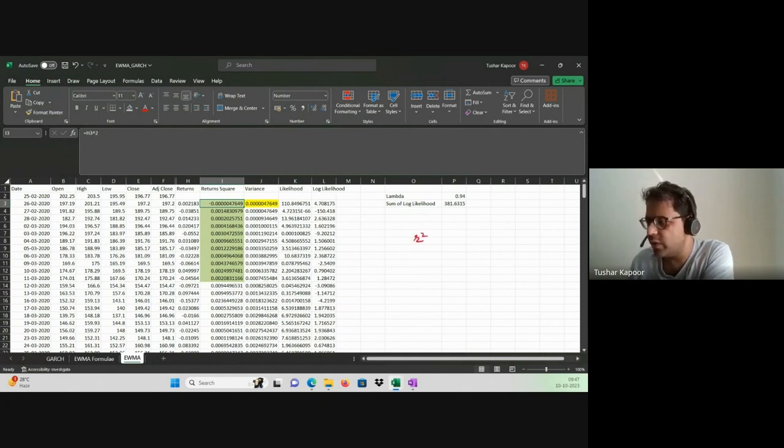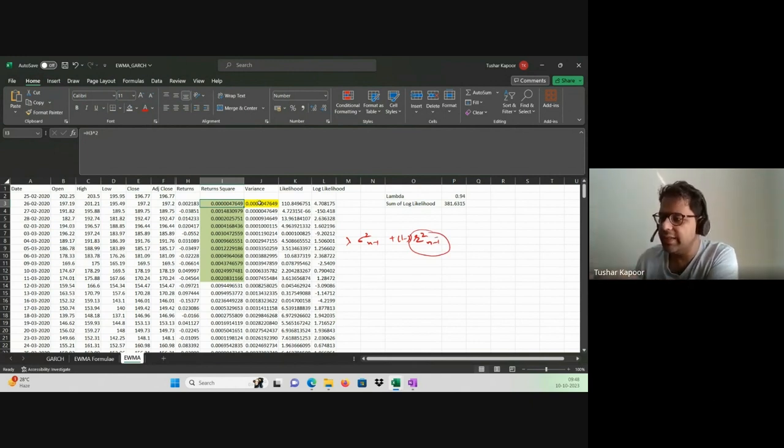One is the return square for n minus 1 days, and another is the observed volatility for the last day. So this is where I've calculated r square n minus 1, and I've pulled this column down.